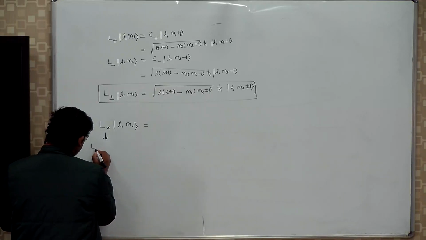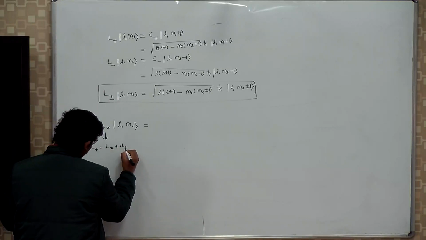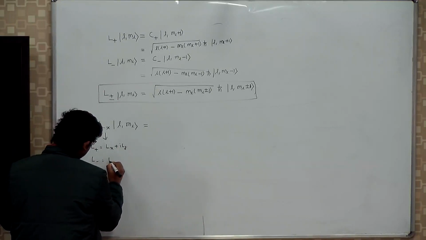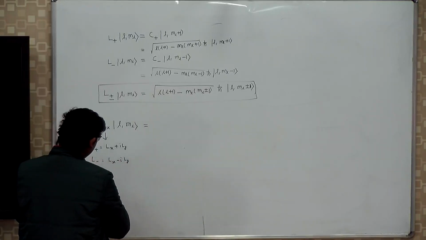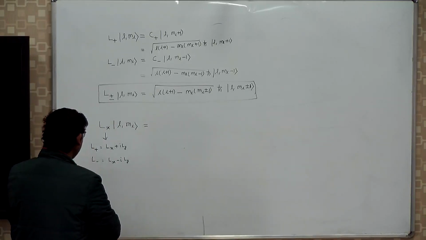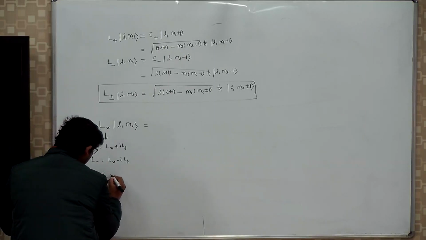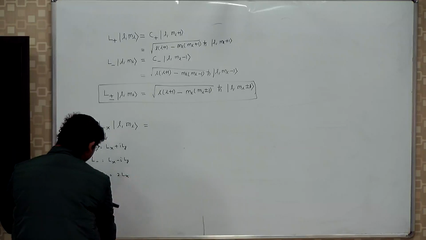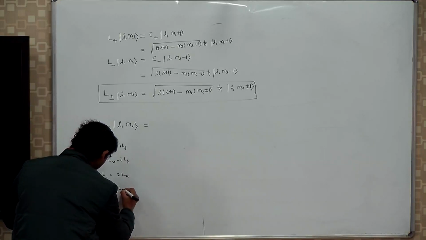For example, L+ is Lx plus i Ly and L- is Lx minus i Ly. L+ is the complex conjugate of L-, and vice versa. Now if we add these two, L+ plus L-, we get 2Lx. Then the value of Lx can be written as 1/2 (L+ plus L-).